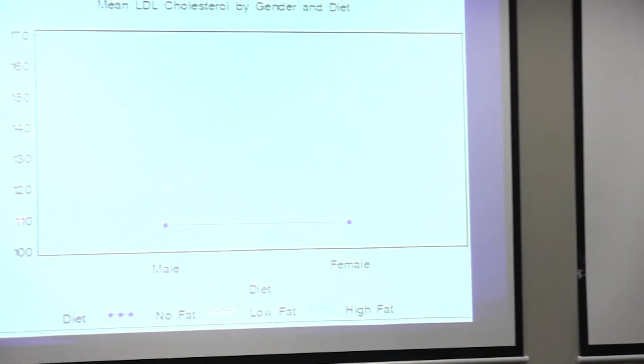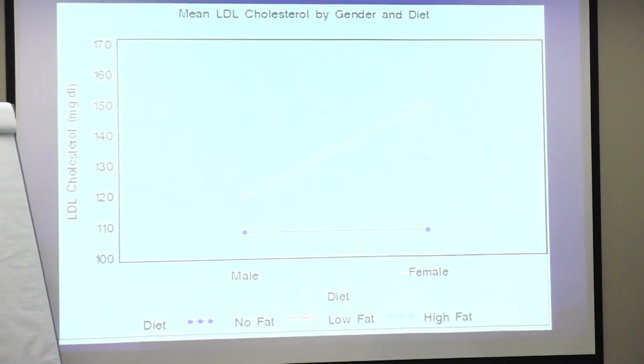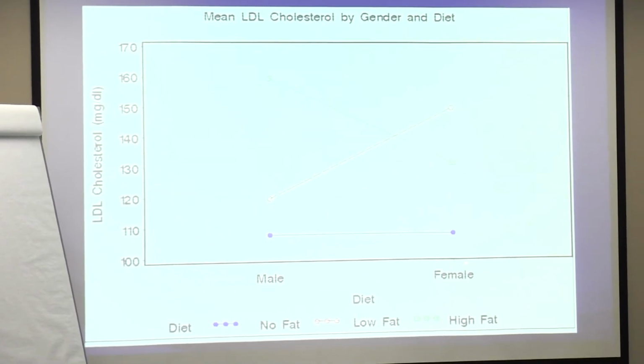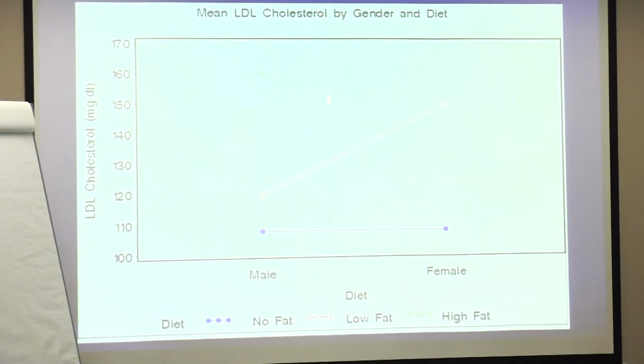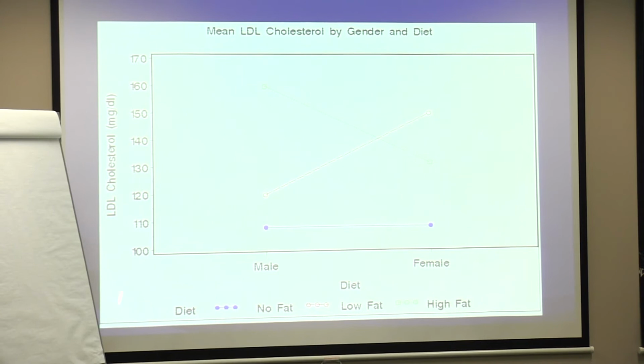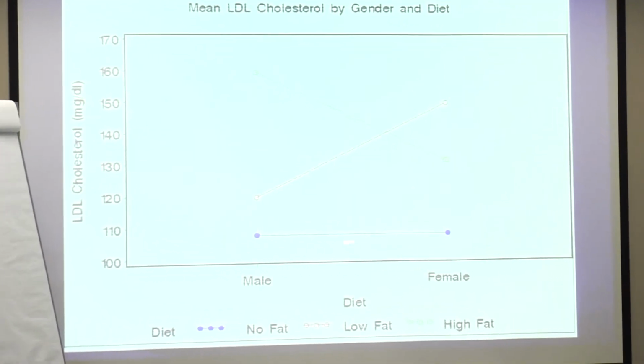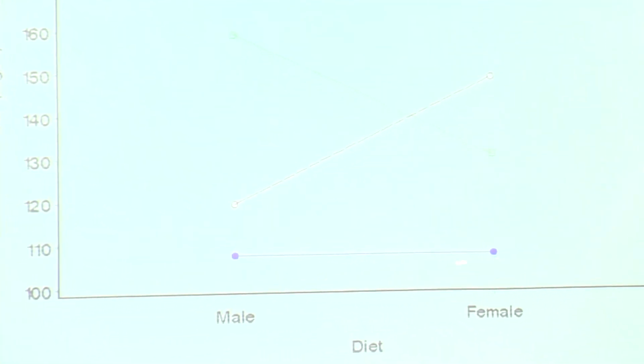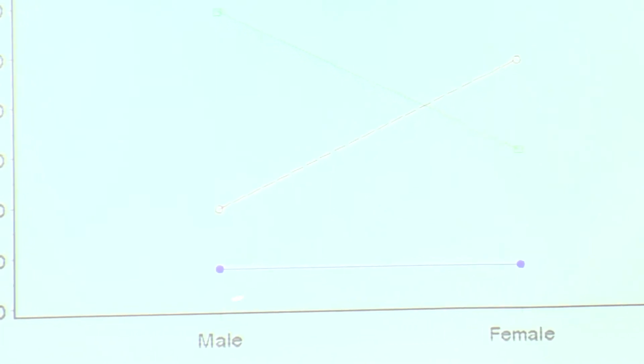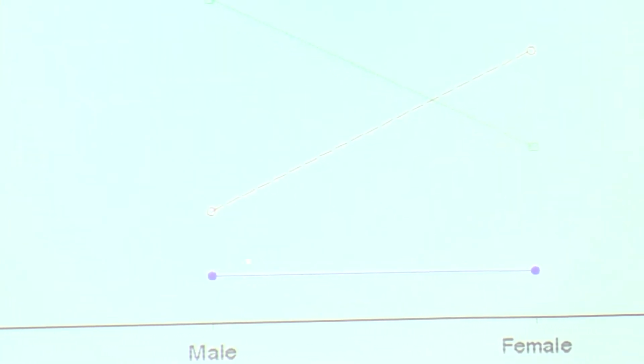So again, this is totally made up, but let's take this apart a little bit and see what's going on here. We have LDL on the y-axis, we have gender on the x-axis, and then our three different lines represent the different diet conditions. This blue line signifies the no-fat diet, and basically between male and female the levels of LDL were the same. So there's really nothing interesting here.